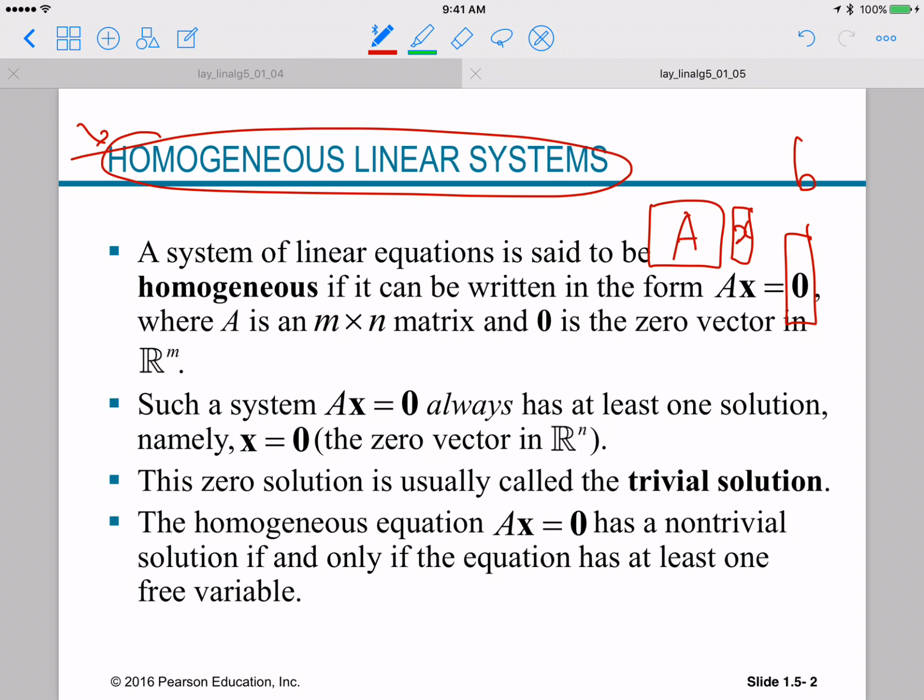But for this B vector, it should be always 0. In that case, we call that a homogeneous linear system.